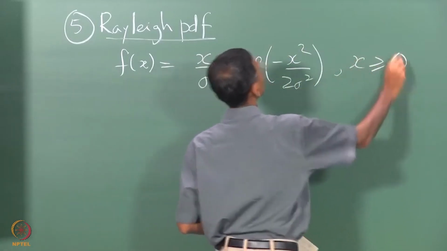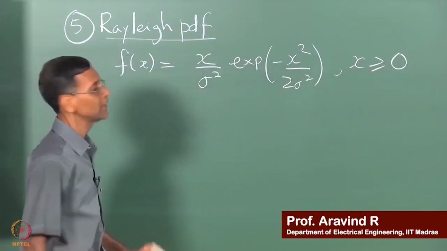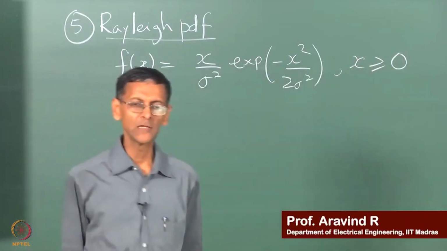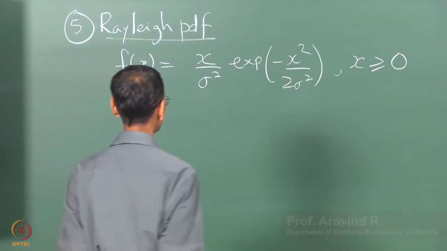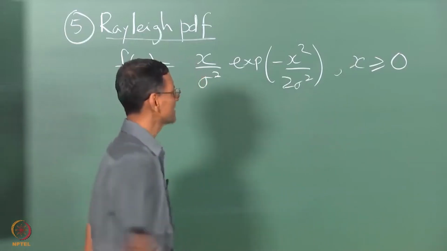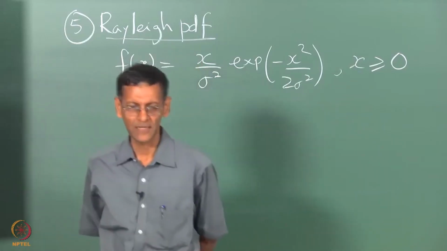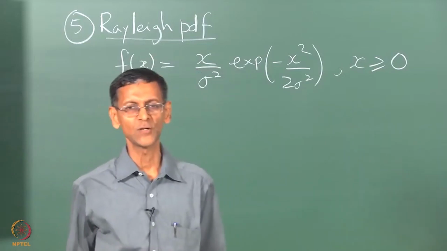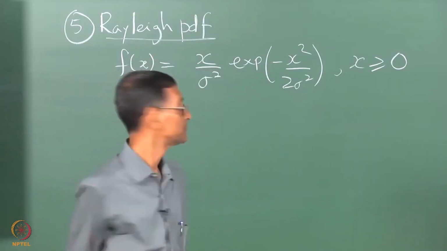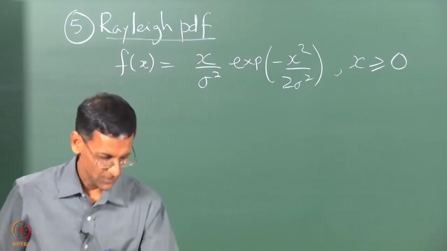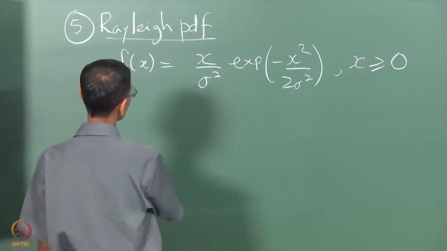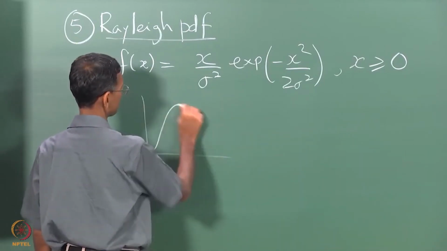This is defined only for positive values, or non-negative values, of the argument. So, whenever something like this comes, it automatically means what? The PDF is 0 for x less than 0. Okay. So, if you plot this, what does it look like? It looks like this.